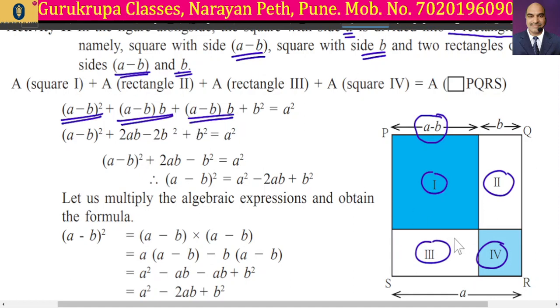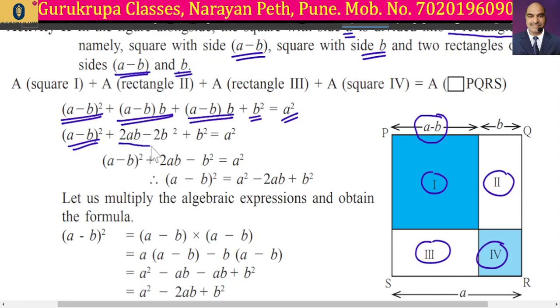And for fourth, it is a square having side B. So B square we got here is equal to the area of the PQRS, which is A square, because we assume that the side of this square is equal to A, so its area is A square. Now we just get that A minus B whole square, then B into A and B square.